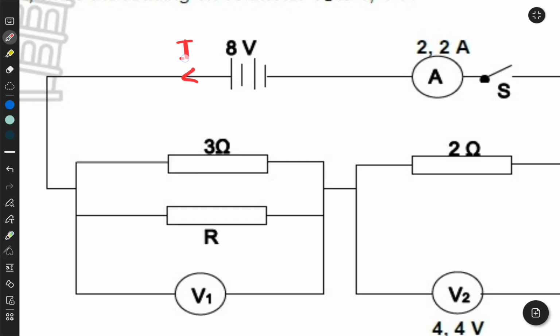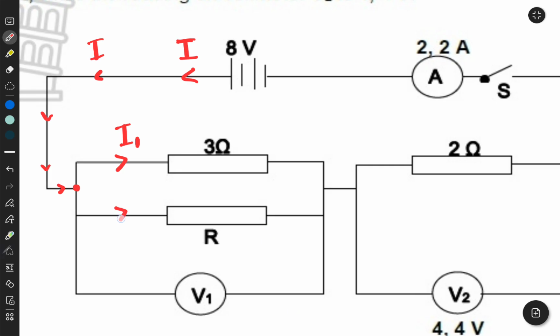Initially you'll have the total current, so it moves. This is still the total current. It goes all the way there, and then it gets to this junction, if you may, and it divides. The first branch we can name I1, which means the current that will flow through the first branch of the parallel combination, because these two resistors are connected in parallel, right?